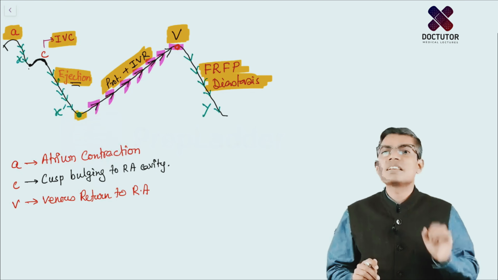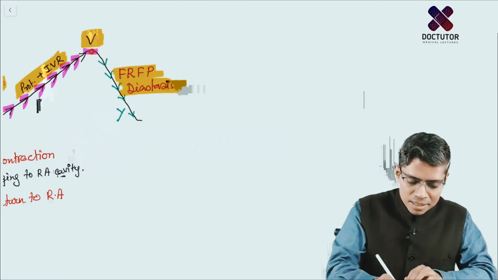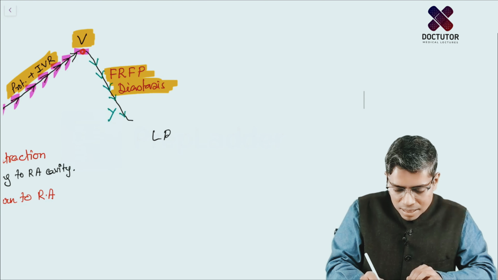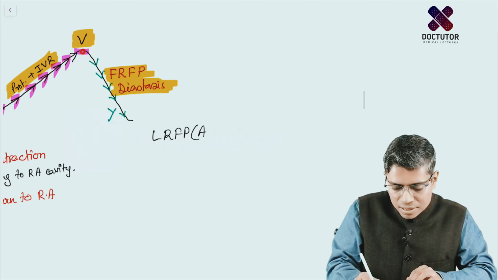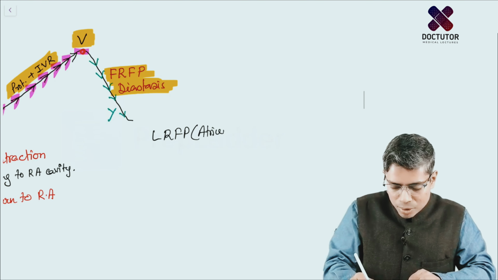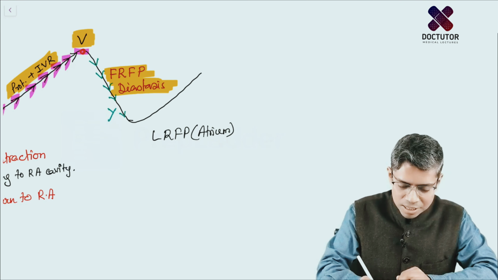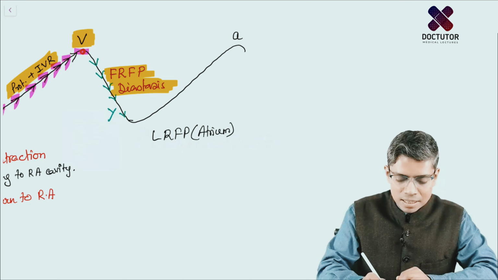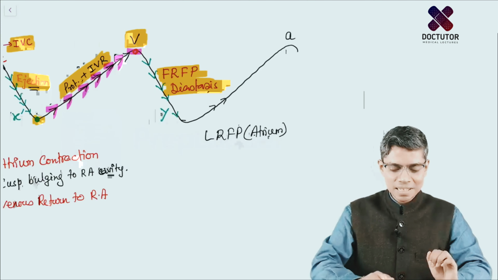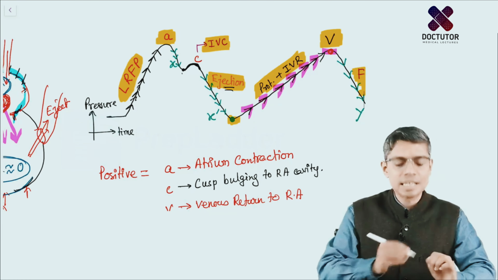But I am not writing the last rapid filling phase, because the start of the last rapid filling phase is the atrium contraction phase. Whenever the atrium contracts, again there will be generation of which wave? That is nothing but the A wave. Again we will be reaching here, that is the A wave.